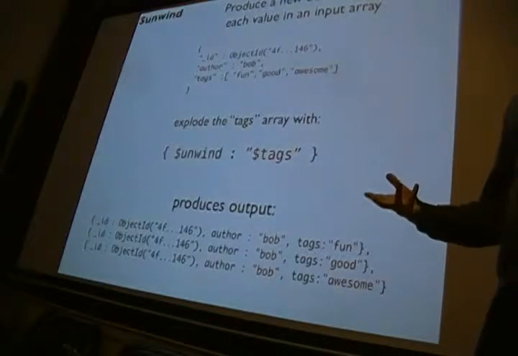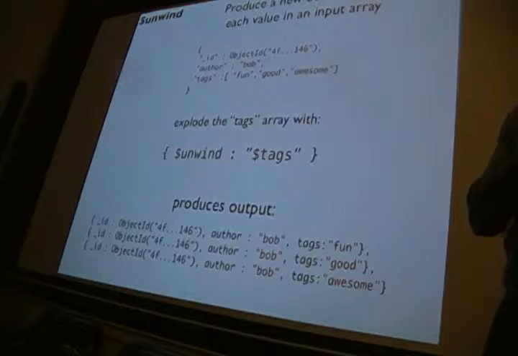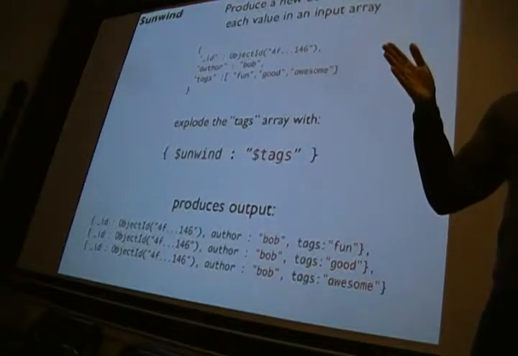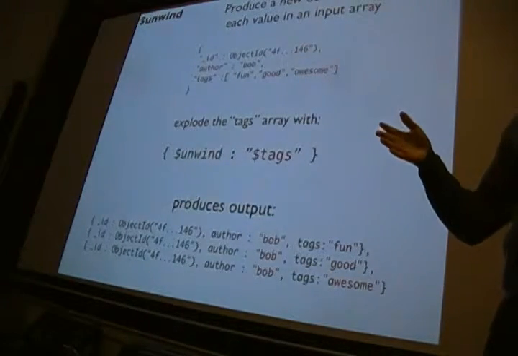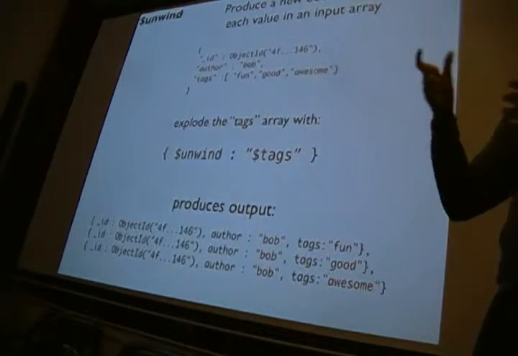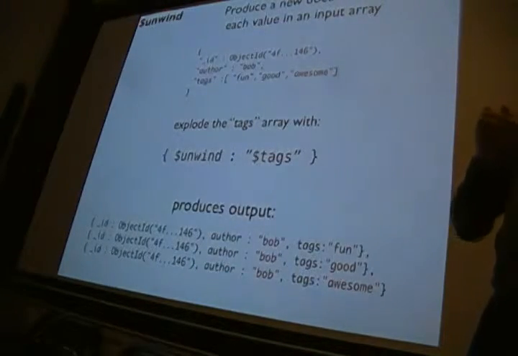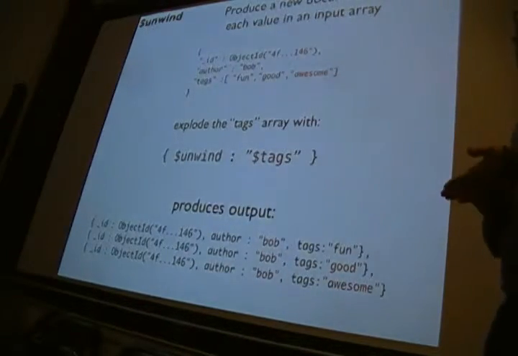So the unwind operator can take that document that comes from the input of the pipeline and explode the array into new documents, so that each element in the array now becomes a new document in the pipeline stream.